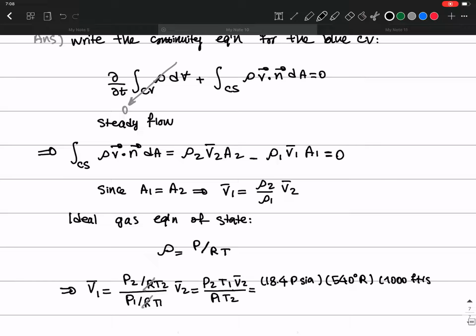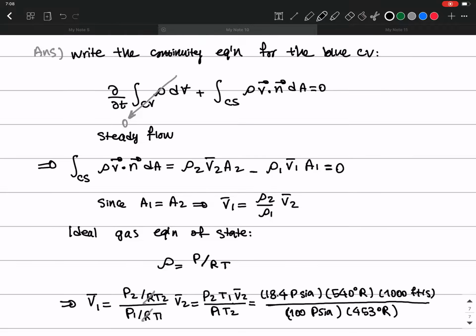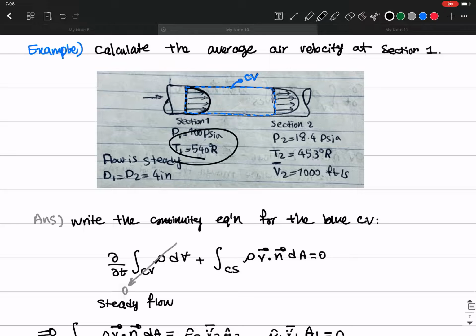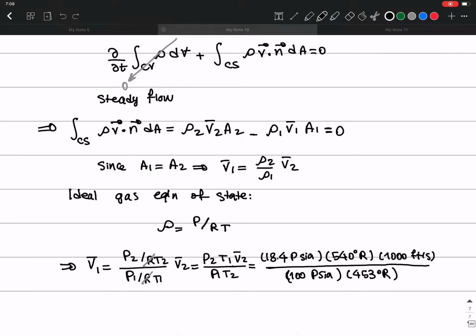You should be careful about the units, over 100 psi times 553, which is the temperature, sorry, here, right? This is T2. And if you calculate this, it is going to give us 219 foot per second. Okay.